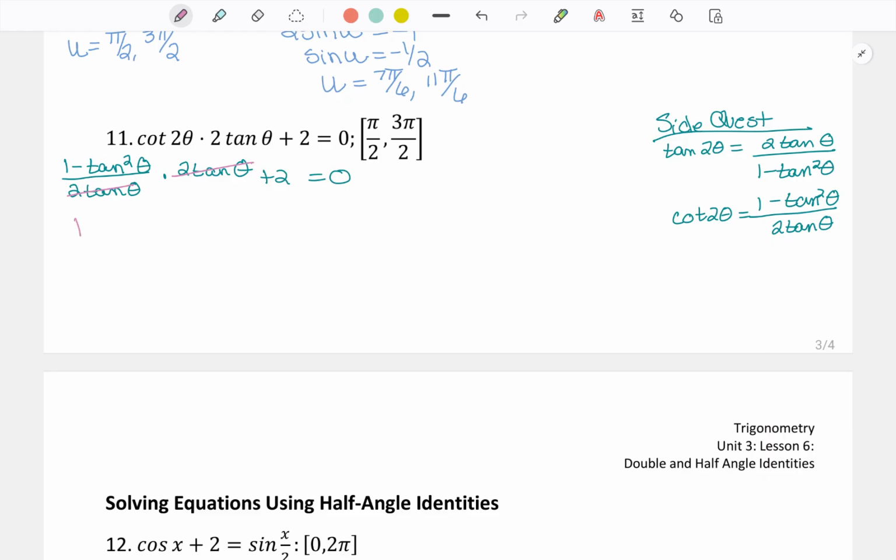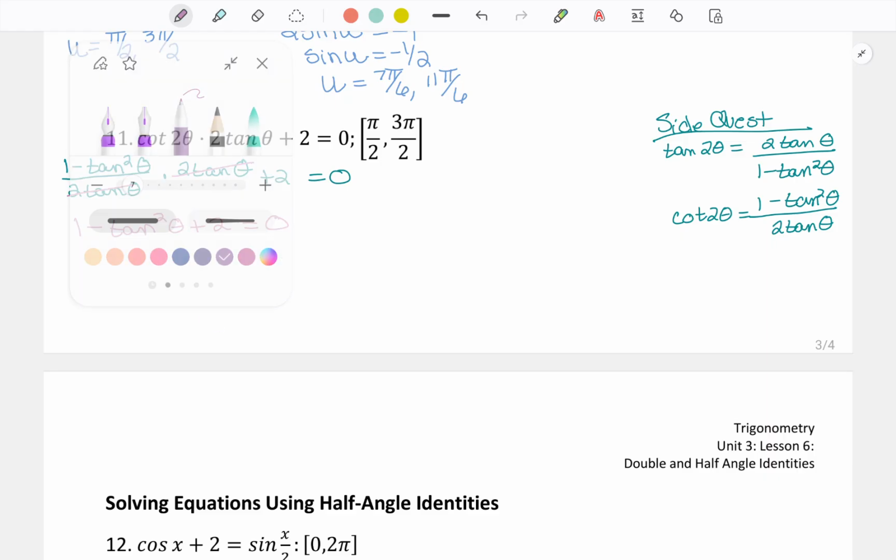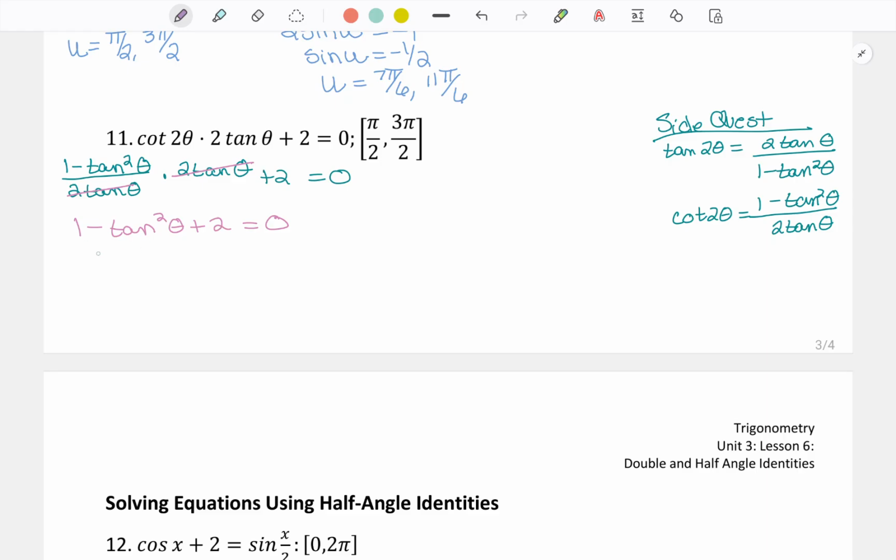So that gives us 1 minus tangent squared theta plus 2 equals 0. And then we have like terms that we can put together because 1 plus 2 is 3. So we have negative tangent squared theta plus 3 equals 0. And we have negative tan squared theta equals negative 3. And then tangent squared theta equals 3 when we divide by negative 1.